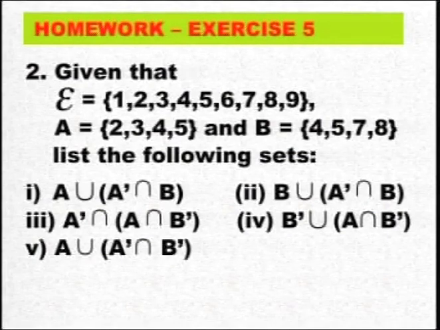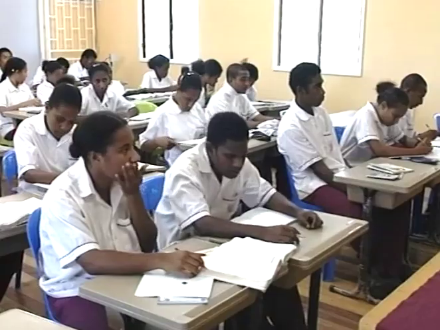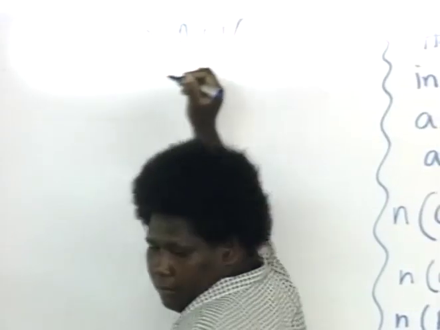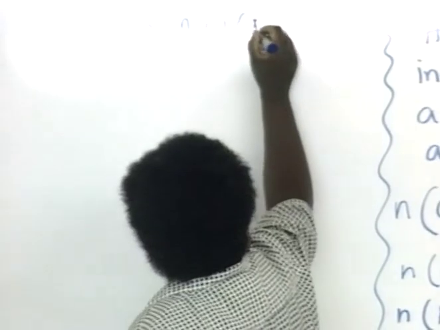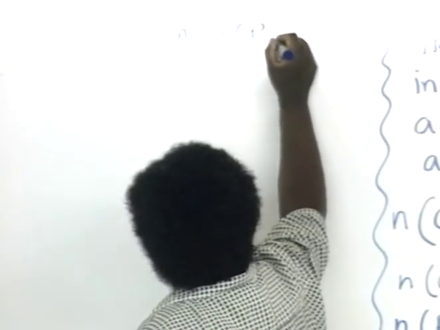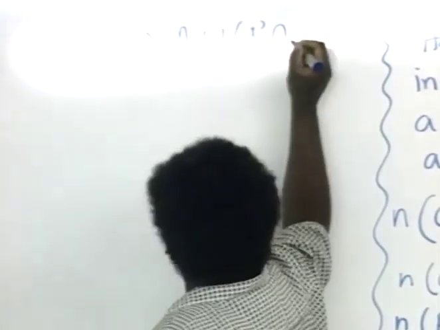List the following sets. Number 1: A union the complement of A intersection B.